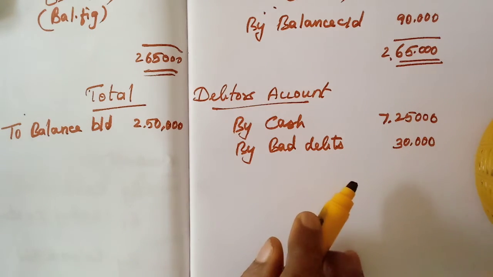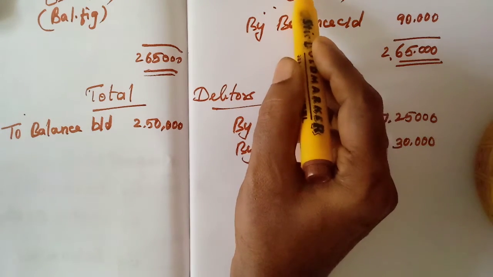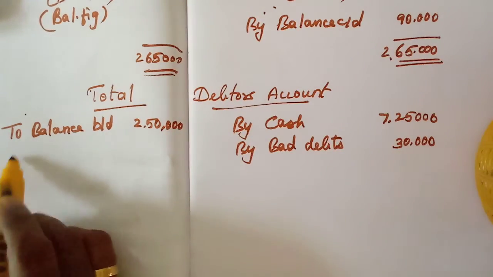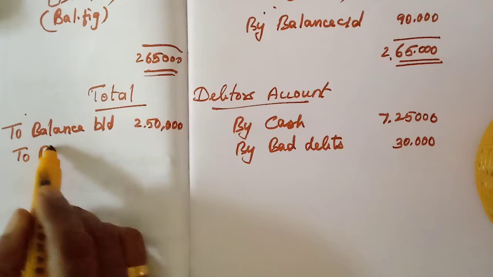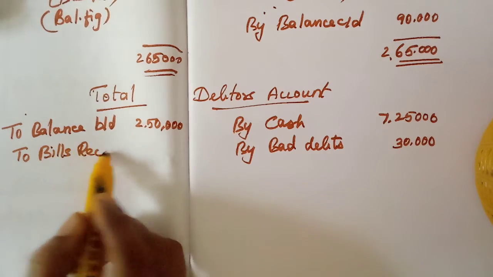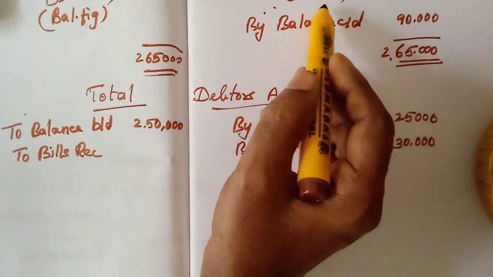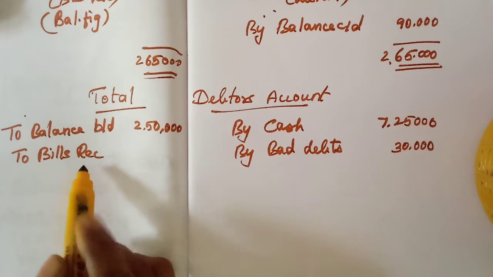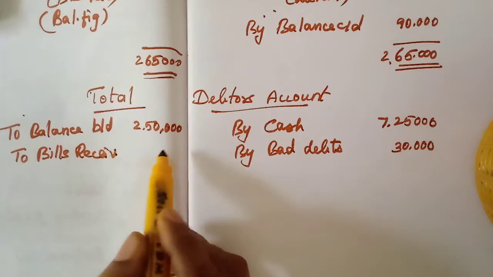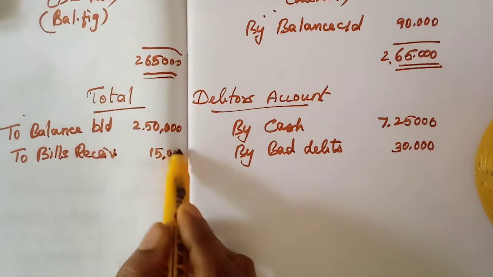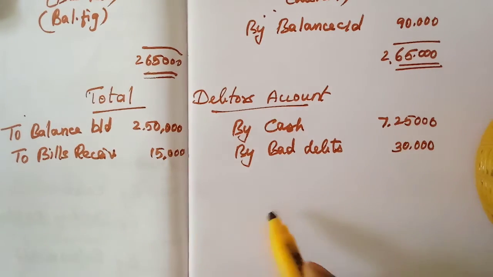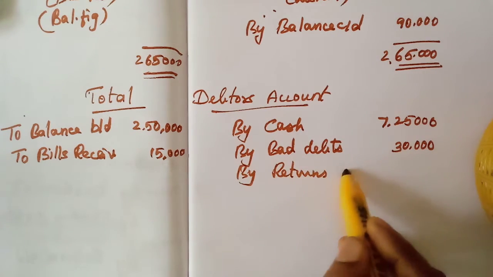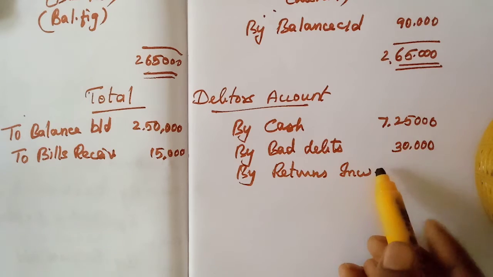Then here you see next, bills receivable dishonored entry. Debtors account, debtor to bills receivable. So here it will come to bills receivable. I have told you, if it is credit it will appear in the other account on the debit side. Okay, bills receivable 15,000. Then here returns inward, next item 50,000.